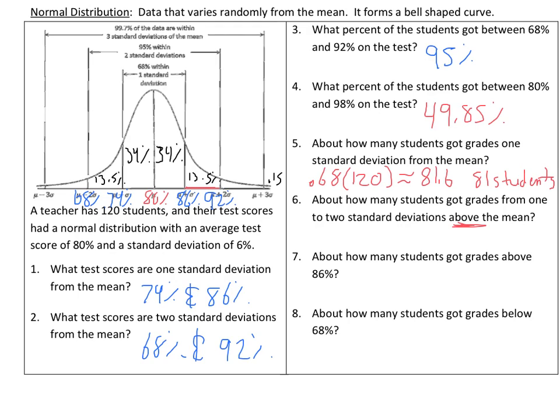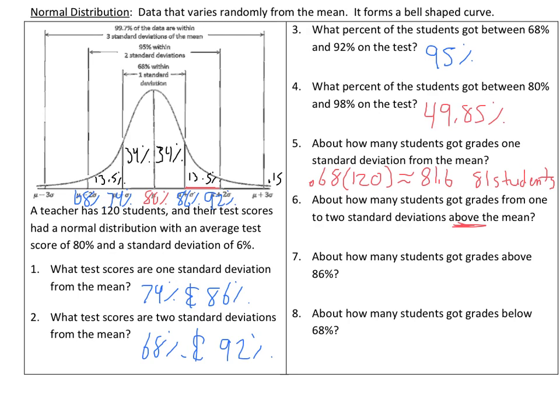So I want this little gap of people. I want the people between 86% and 92%, is what this is saying. But I want to see how many students, not percent. This is percent of students, but now I have to find, if 120 students altogether, and go from there. So 1 to 2 standard deviations above the mean is this gap.